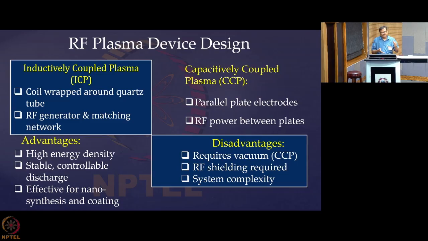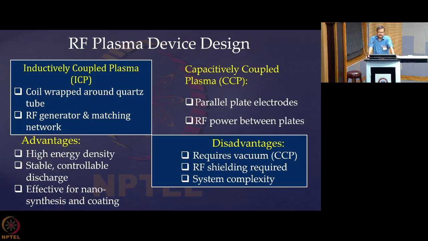The top-down approach is when the material enters the plasma and gets disintegrated into atoms and ions, and then when they go downstream, they collide with each other, and in the bottom-up approach they start forming, start nucleation, and finally reach a size which is usually in the nano range. That size distribution you can control by controlling the temperature gradient, and of course the input power and all these things will decide the ultimate process scenario.